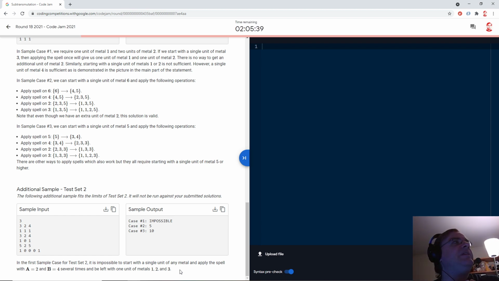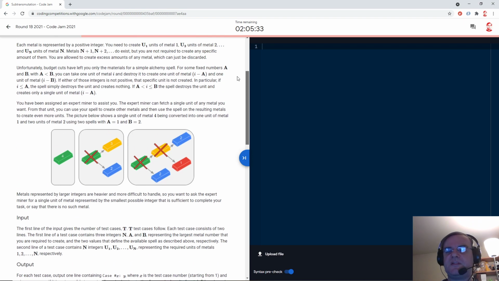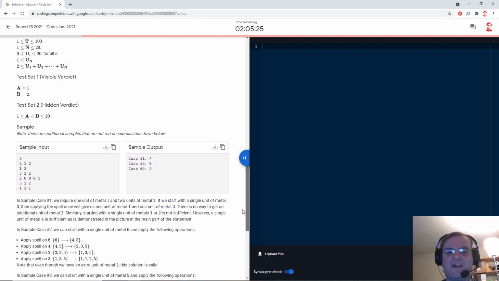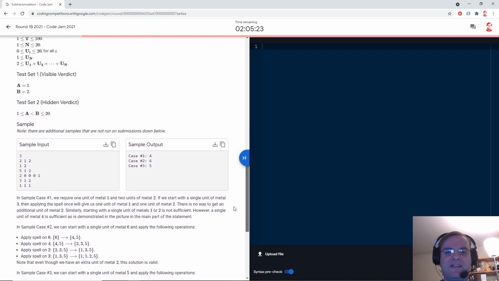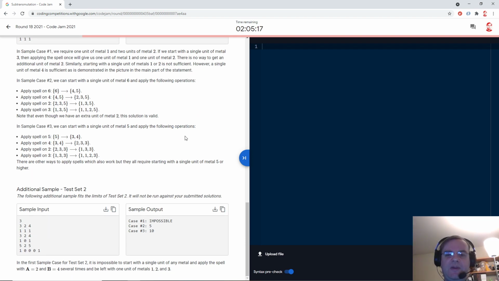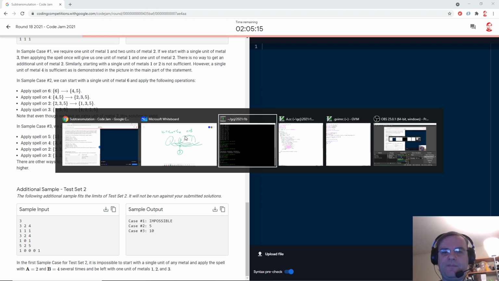I could test for that explicitly, or I could just put a limit on the number of iterations, which I might just try doing. The only problem is there's a hidden verdict, which is going to possibly fail if I set that limit too low, and I won't have any feedback that I set the limit too low. Although I should be able to see what the worst case is. Anyway, let's give this a try.